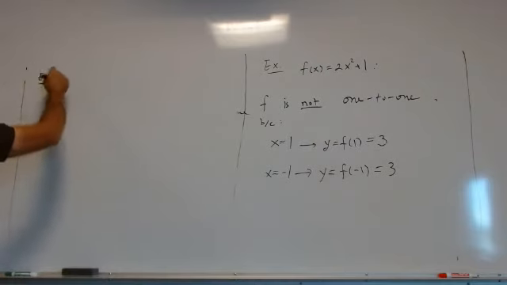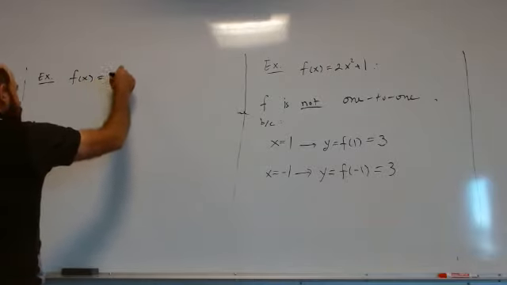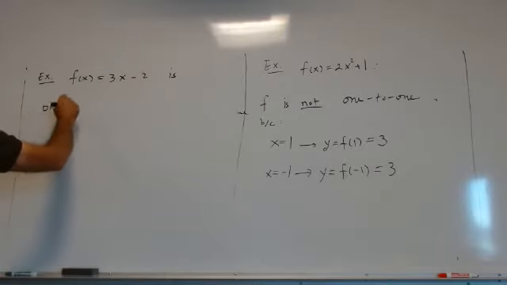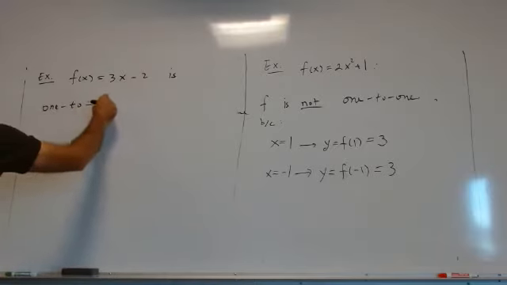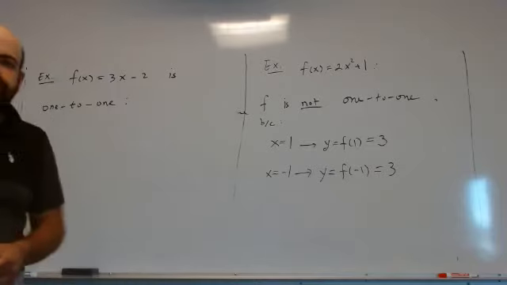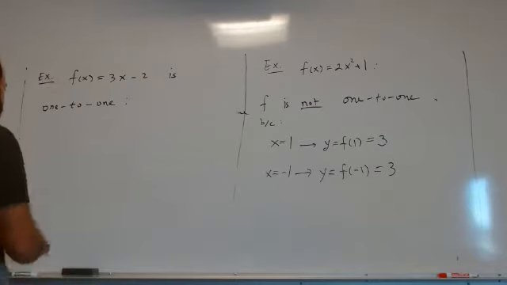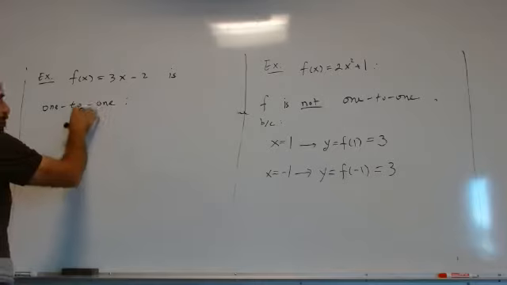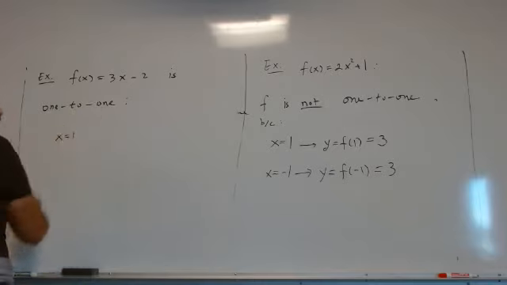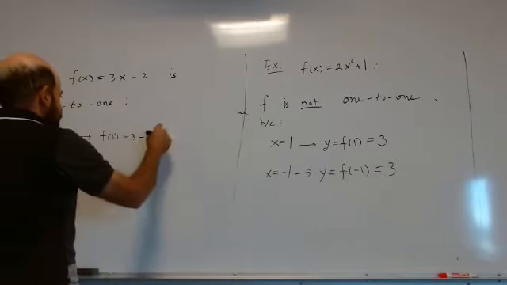So another example, let's say f of x equals 3x minus 2 is 1-to-1. How can I prove that this function is 1-to-1? So tell me, can I say, for example, that if I say x equals 1, then f of 1 will be 3 minus 2, which is 1.